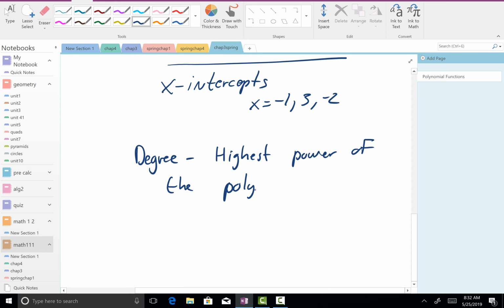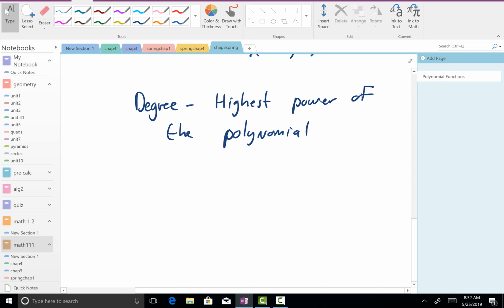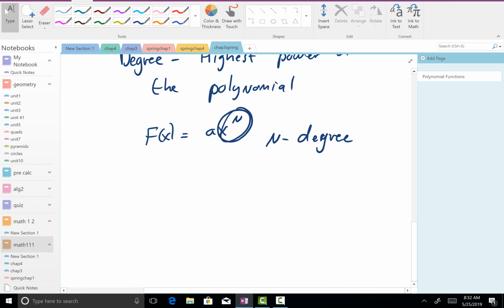Whatever that highest power is, that's your degree. For example, x to the third plus x to the squared plus x plus 4, that's a third degree. And if it's like this, that's a third degree.